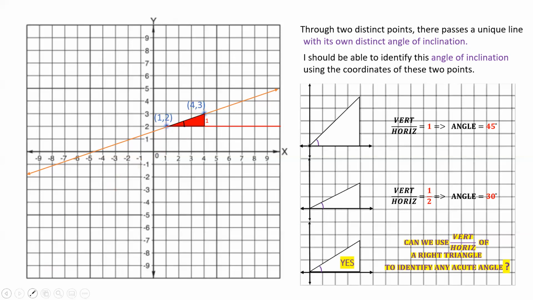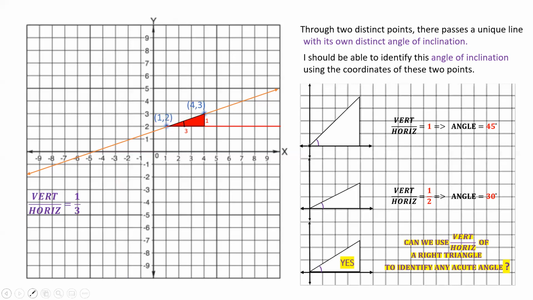Now the horizontal side is equal to 3. And again, this 3 turns out to be the difference of the x coordinates of my points. So the ratio of the vertical and the horizontal sides of my triangle is equal to 1/3. And that ratio I could use to identify this angle of inclination.